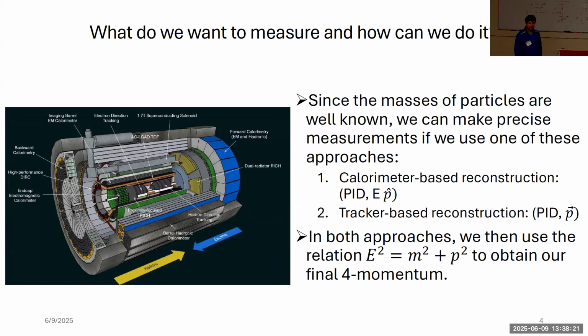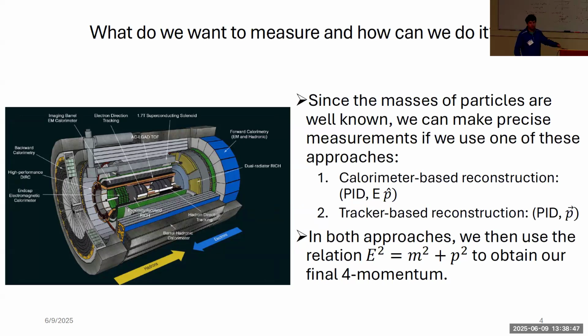What about the ones that have very large widths? Yeah, it depends what you're trying to do. If you have a particle that has a large width, the mass that you reconstruct in your detector will be a convolution of the decay width and your detector resolution, whichever method you choose.